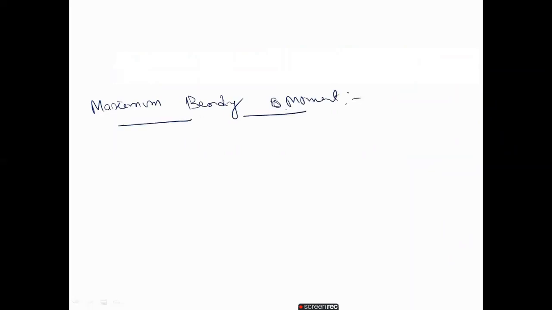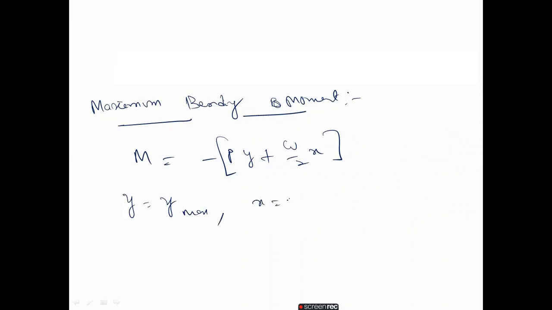So the maximum bending moment we know already: M equals minus Py plus W by 2 into x. Everyone knows the maximum value occurs at the center, where y equals y max and x equals L by 2. You have to substitute these values in the above equation.